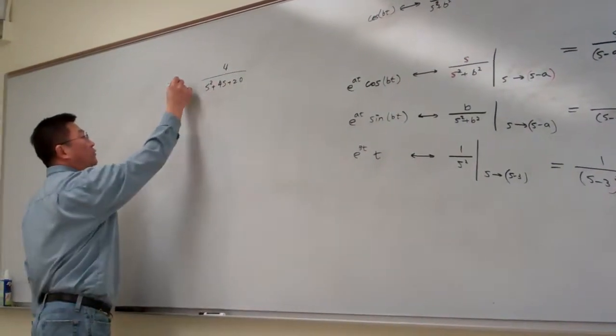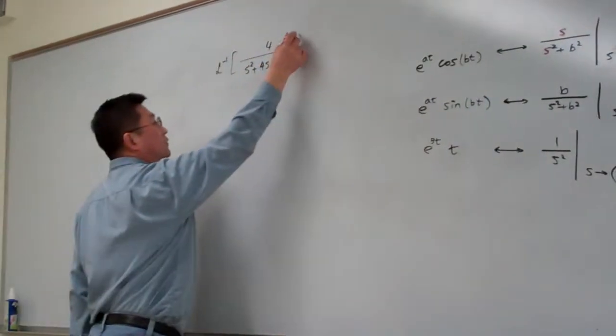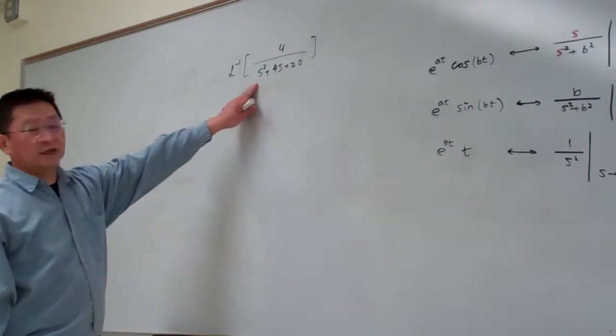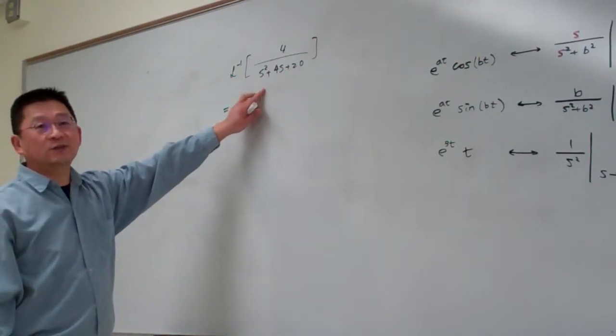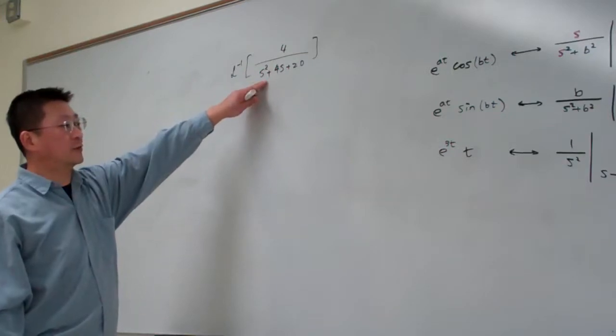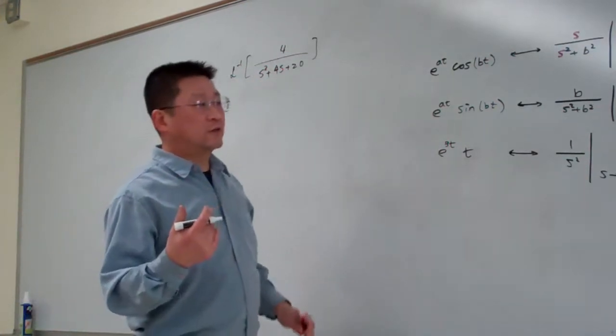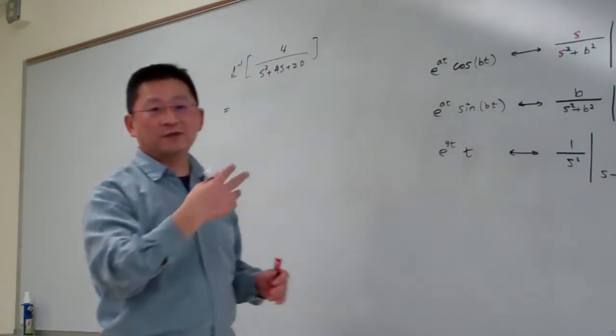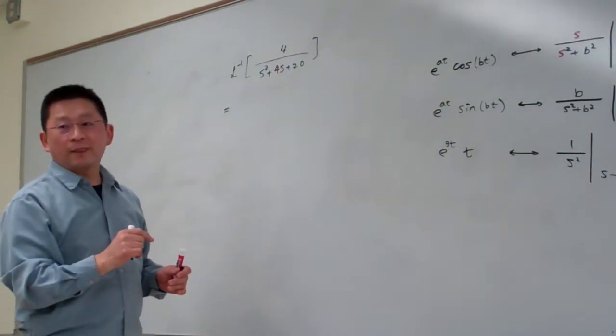Right now we want to find the inverse of the Laplace transform. So we try to simplify this. You have to arrange the terms into a certain template like this or this, in a way that we have something to refer to.